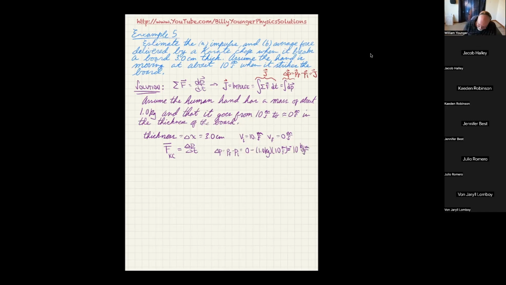That is the change in momentum. Now, what we know is V average is equal to delta X over delta T. So delta T could be delta X over V average. Well, if we assume uniform acceleration, or constant acceleration, let's change that.